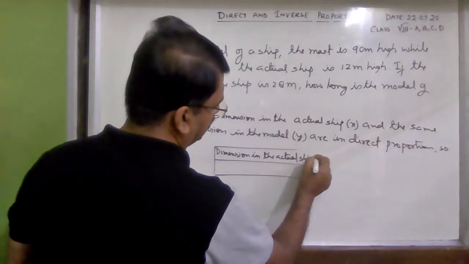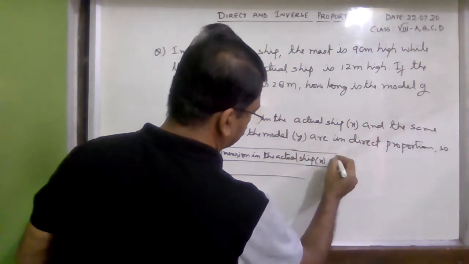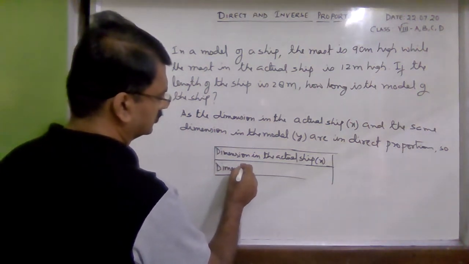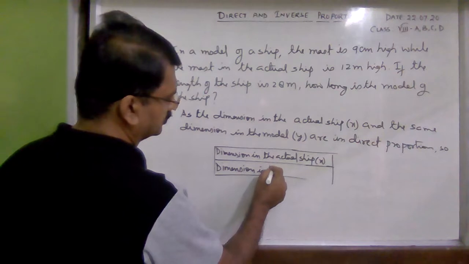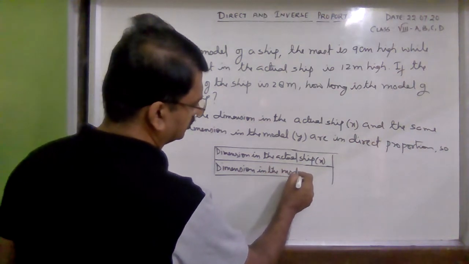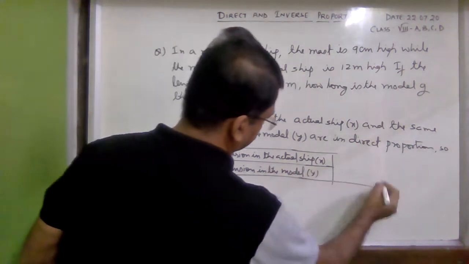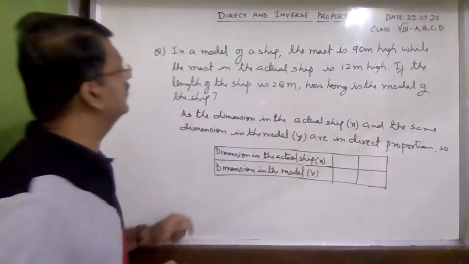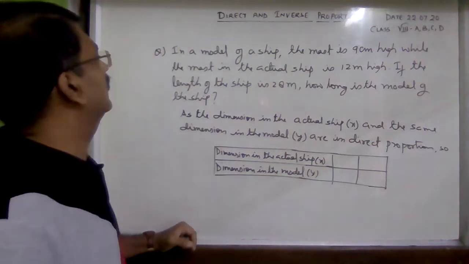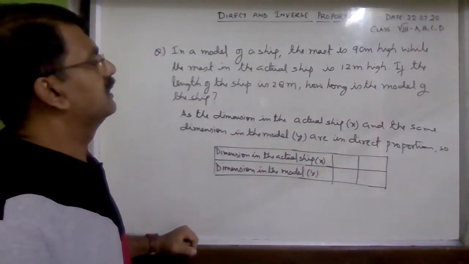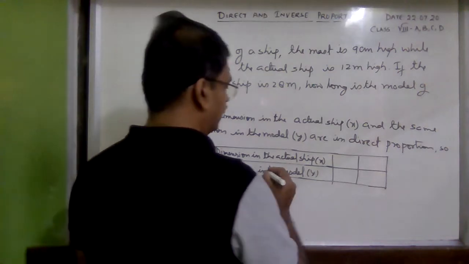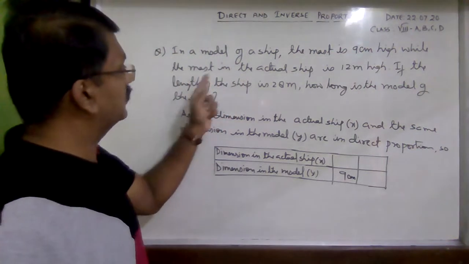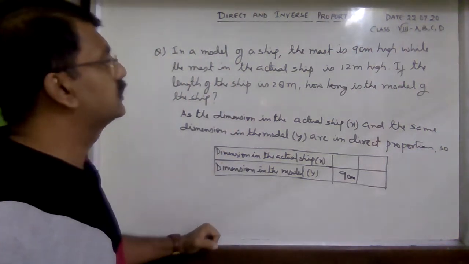Dimension in the actual ship, that is x, Now you can see it is given in the question that in the model of the ship the mast is 9 centimeter high. So here you write down 9 centimeter. Whereas in the actual ship the same mast is 12 meter high.